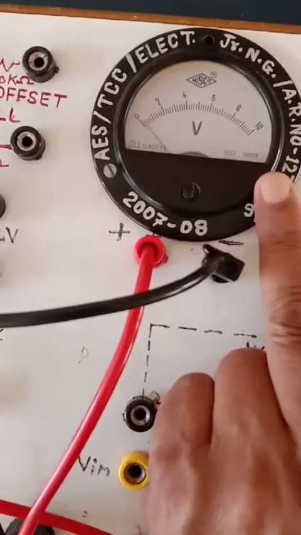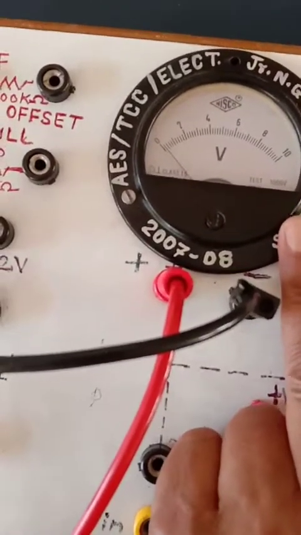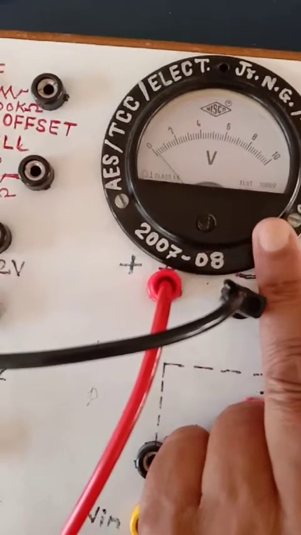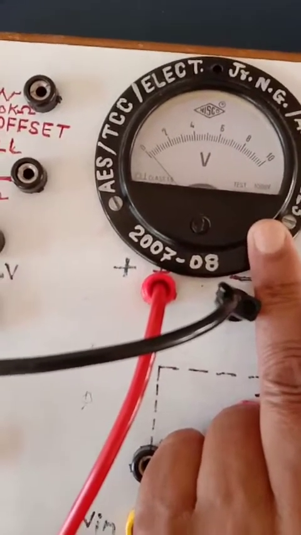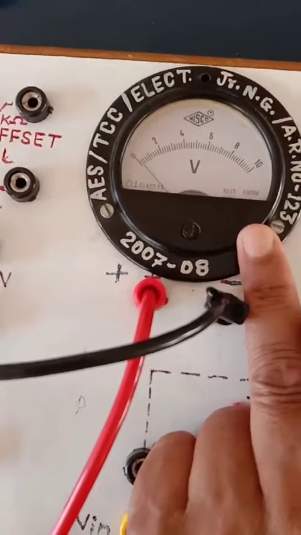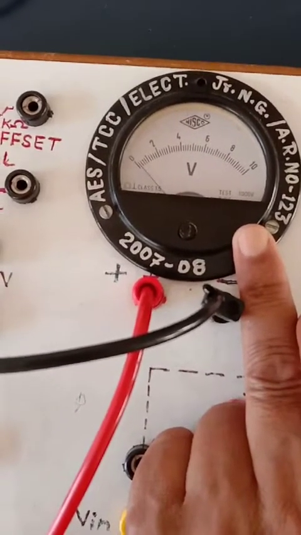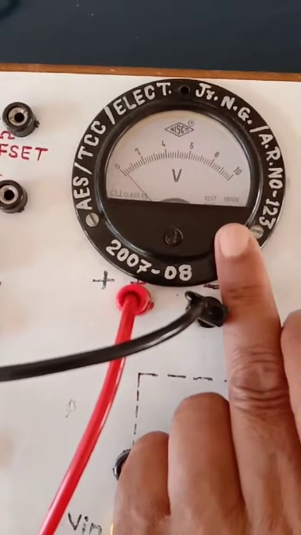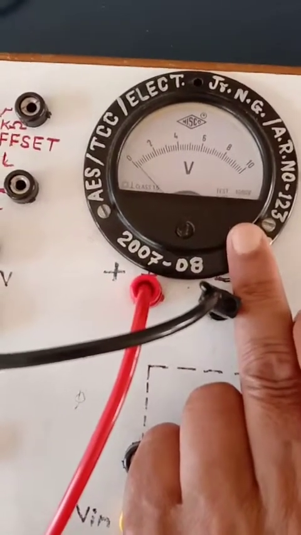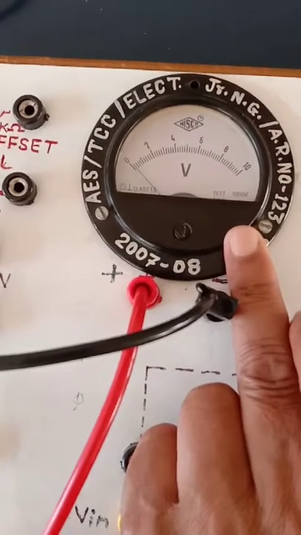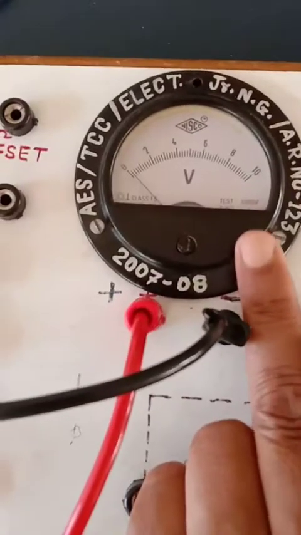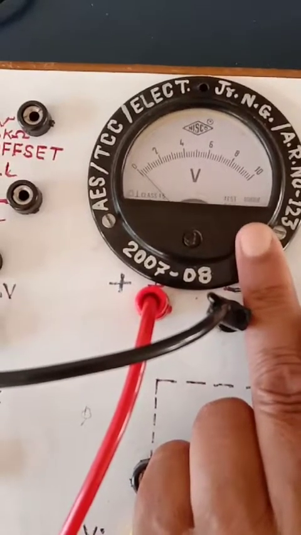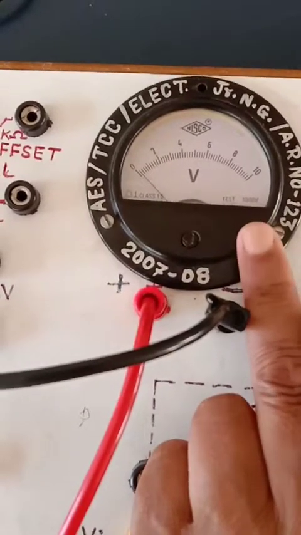This voltmeter shows wrong reading because its sensitivity is very poor. Sensitivity is measured in terms of ohms per volt. So since this analog voltmeter has poor sensitivity, it will not show accurate reading, means it will not show exactly 6 volt.